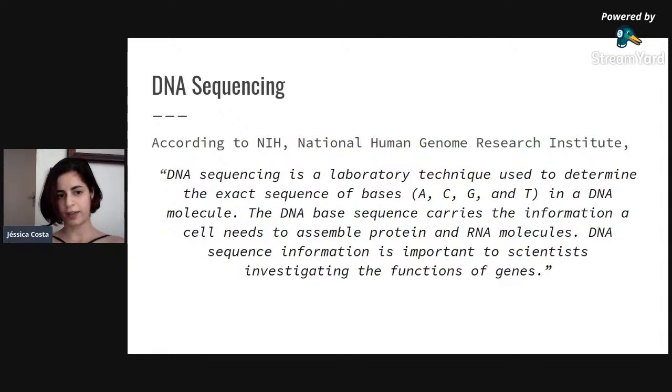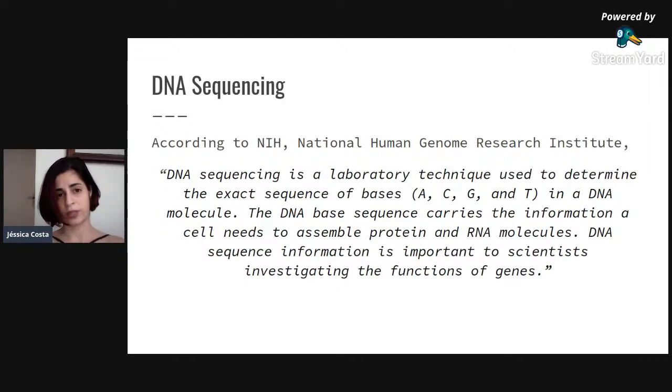So, according to NIH, the National Human Genome Research Institute, DNA sequencing is a laboratory technique. These sequences are made in a laboratory, used to determine the exact sequence of bases. It's important to understand the sequence of bases.